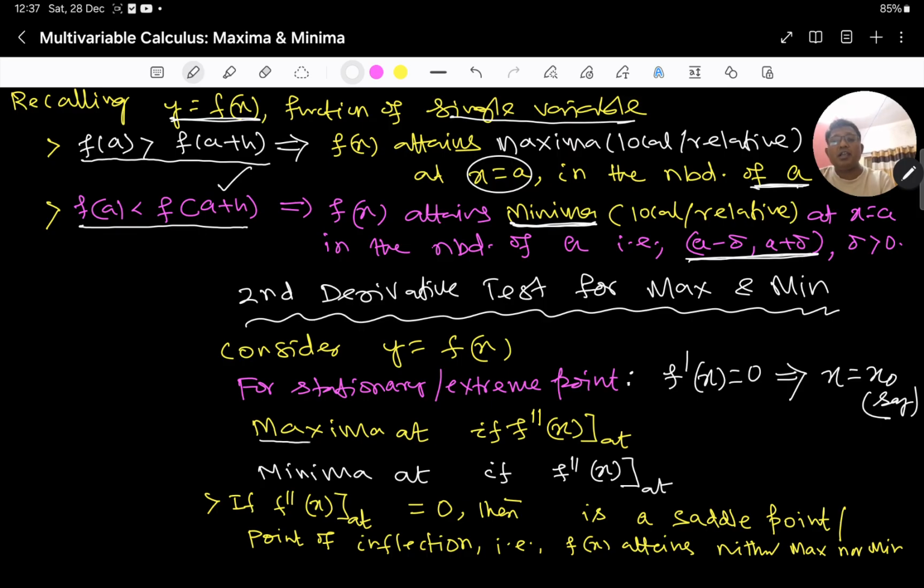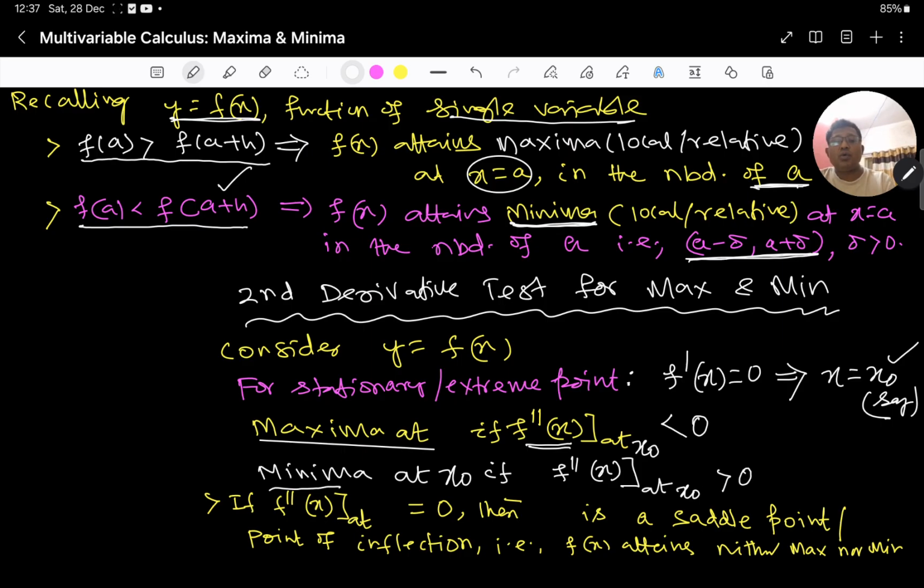Now we say this x0 is a point of maxima if its second derivative is negative. And we say x0 is a point of minima if the second derivative at x0 is positive.